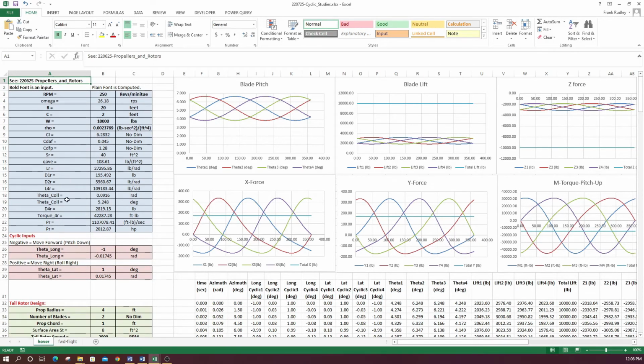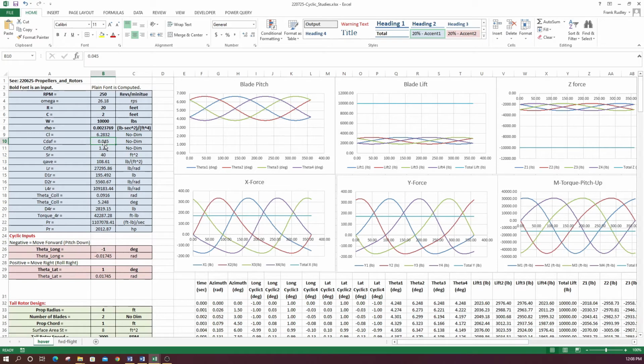These are parameters mostly for the main rotor. This parameter here is the rotor speed again in radians per second, a straightforward conversion from RPM. Then we have our standard coefficient of lift, which is 2 pi.